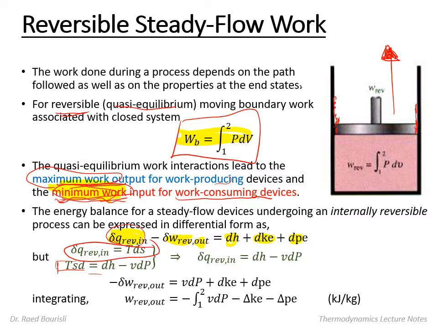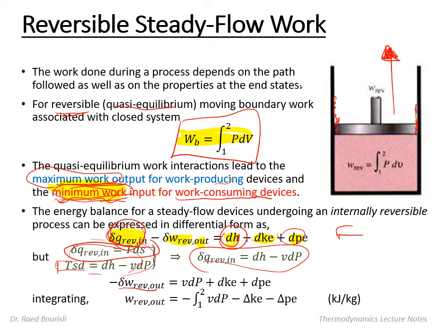So if you combine these, you'll get that delta Q is equal to dH minus VdP, just these two equations. And if you substitute this dH and this dQ into this equation, you'll get that minus W is equal to VdP plus these two.